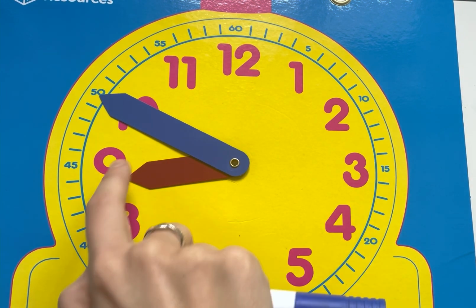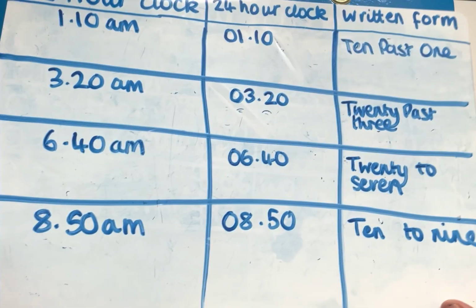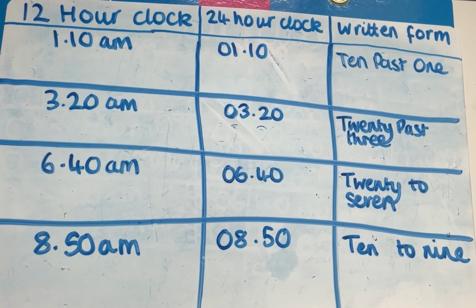So all of these times are in the morning, but we need to remember that there are 24 hours in the day. So that means that there are 12 hours in the afternoon as well. So what we can do here is we can look at our morning times and we can compare them to our afternoon times.